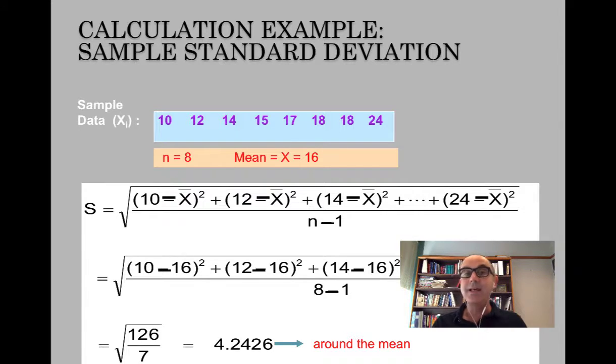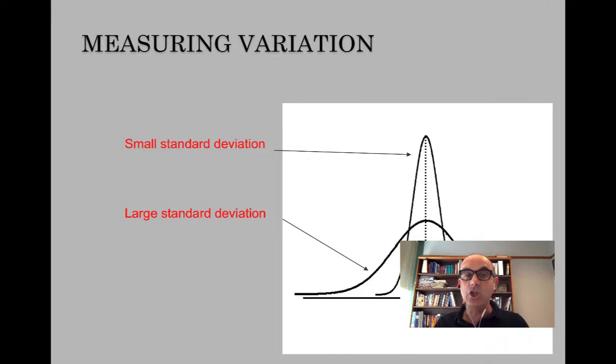The first value is 10. 10 minus 16. Why 16? Because it is the mean. So 10 minus 16, squared, plus the next value. This is how we do that, and we add everything up and then take the square root in order for us to get 4.2426 around the mean, and this is the value of the standard deviation.